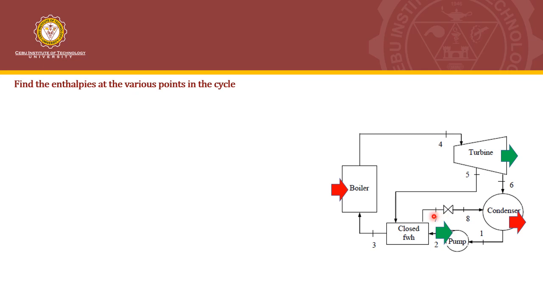So we'll redraw the schematic diagram, and this is the equivalent redrawing. They are just the same. You can redraw the trap using this symbol here, as you can see, process 7 to 8.